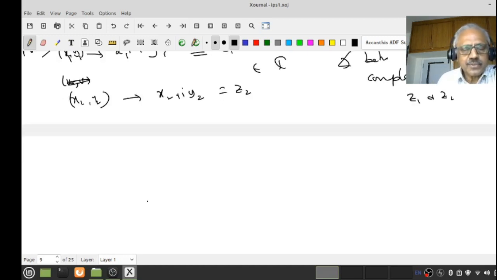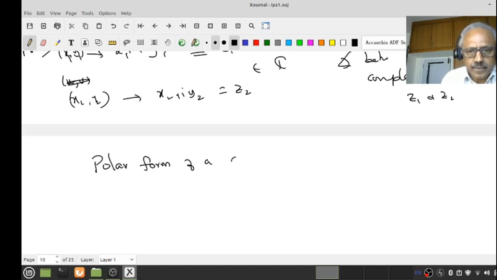Now I am going to use what you know about the polar form of a complex number. I could have done it with polar coordinates of R2 as you have done in your coordinate geometry, but it will be nice for you because we also want to talk about inner product spaces over C. So slowly I am preparing you for complex vector spaces also.